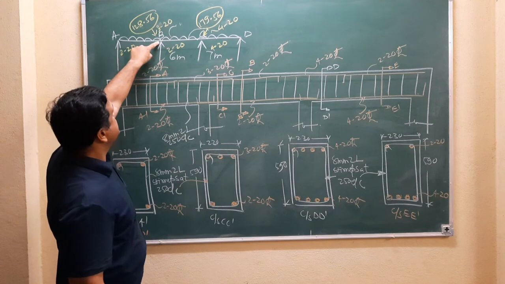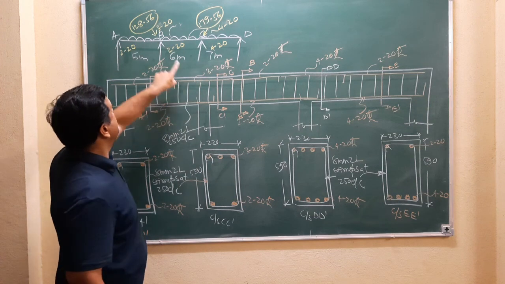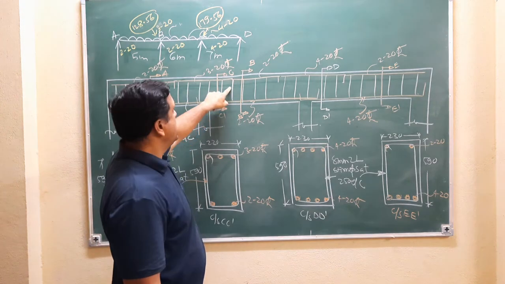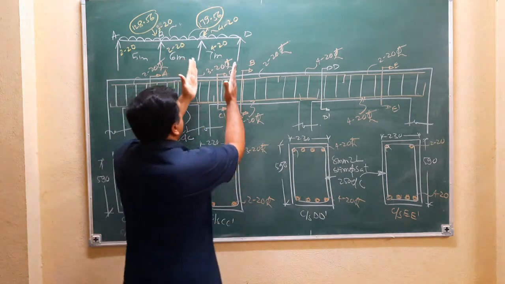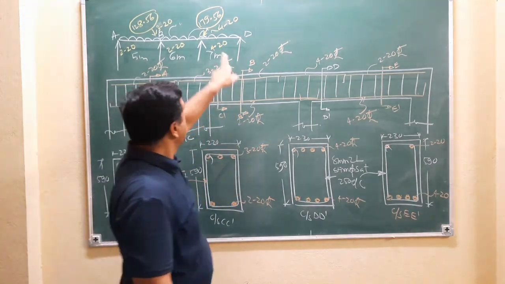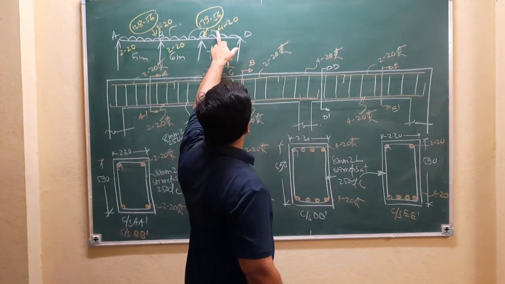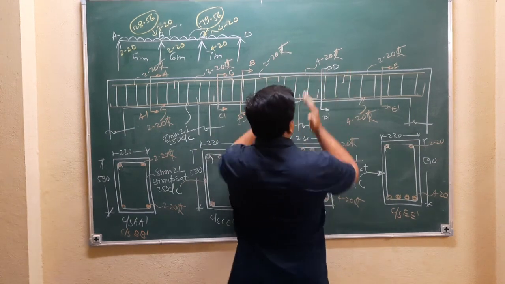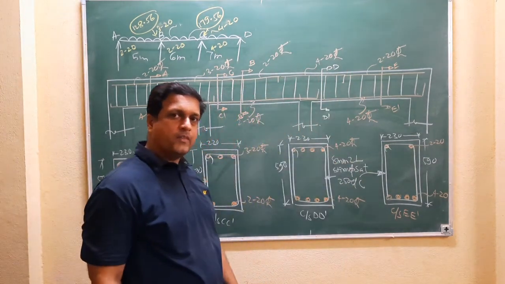Then on next one support B, the 3 bars of 20 mm diameter already we have designed. You have to show this bar, but these bars are provided for L by 4 and L by 4 distance only. At this location also 4 bars of 20 mm diameter to show at L by 4, L by 4 distance. Okay.